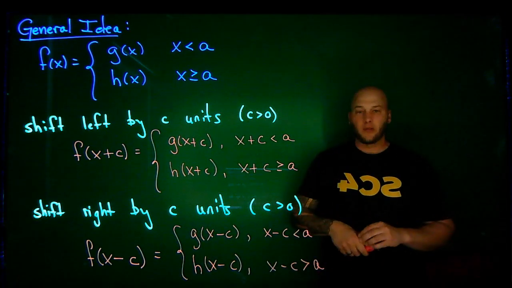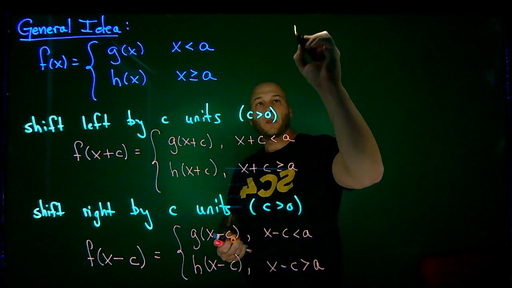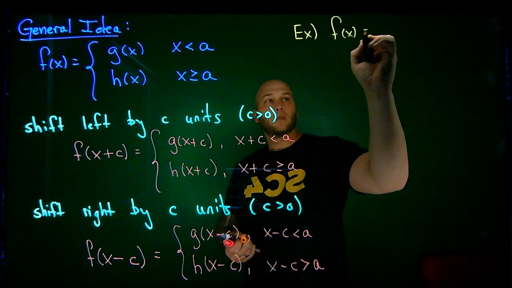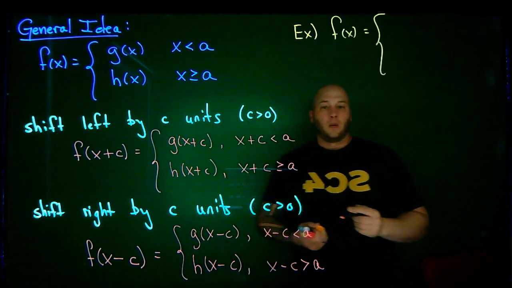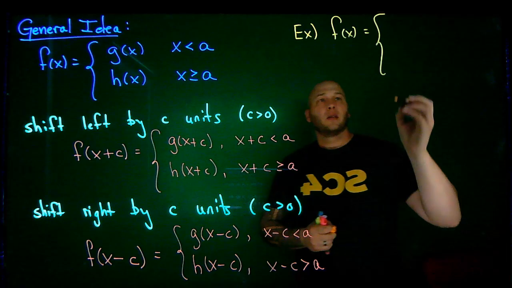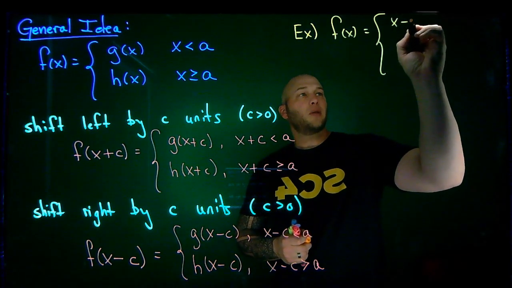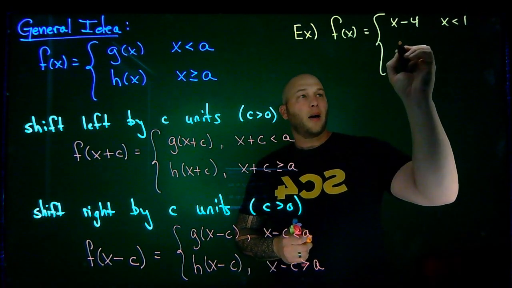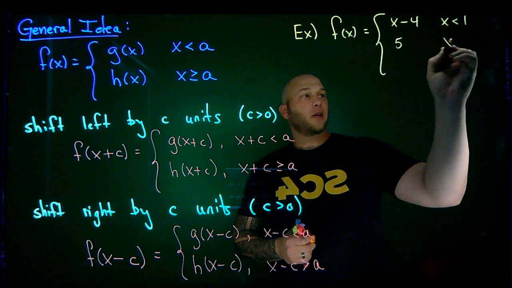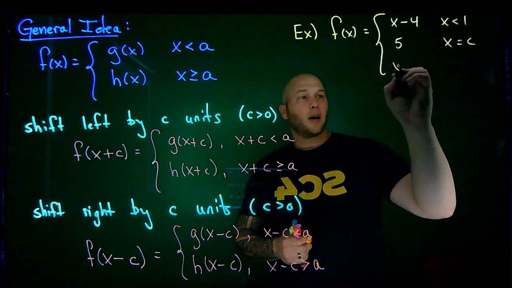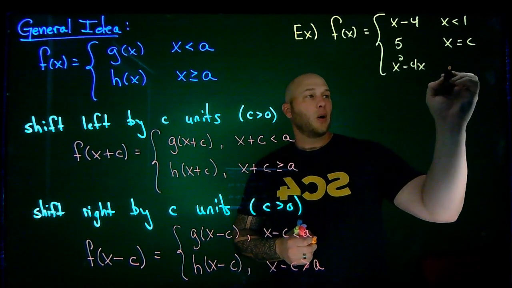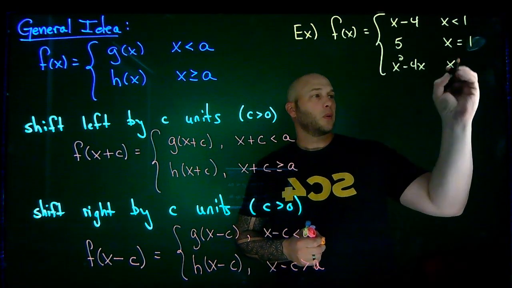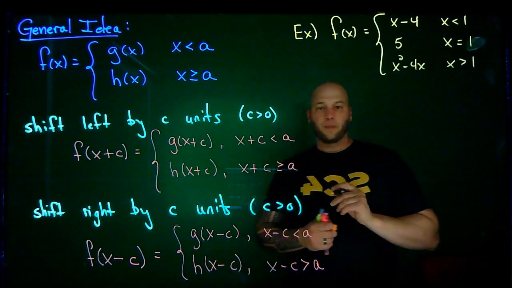Let's take a look at a specific example. Let's do one with 3 expressions. Let's say I have x minus 4 if x is less than 1, I've got 5 when x is equal to 1, and x squared minus 4x when x is bigger than 1.